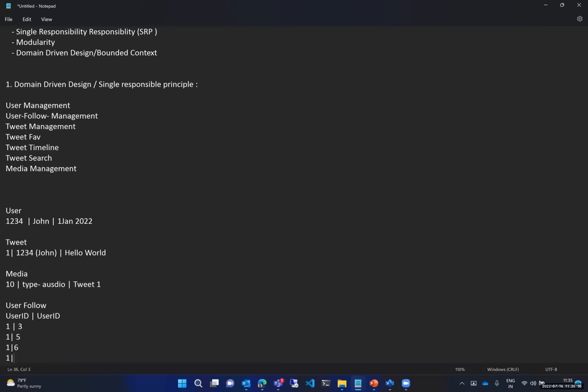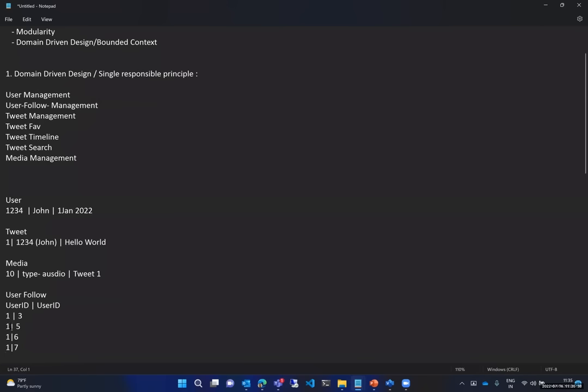You got it, right? So what I mean here is the one-to-many relationship is represented via this table. For example, user ID 1234, whose name is John, is following user number 3, user number 4, user number 5, user number 6 and 7.